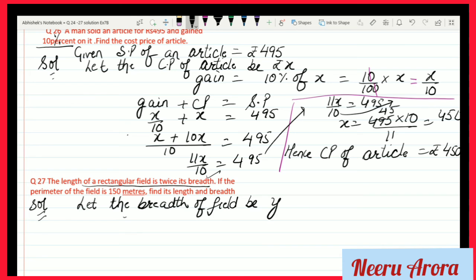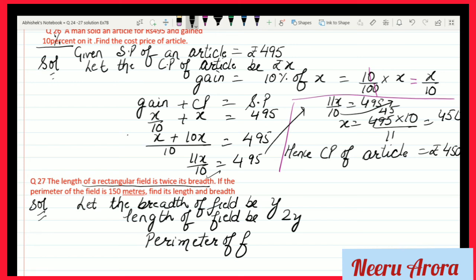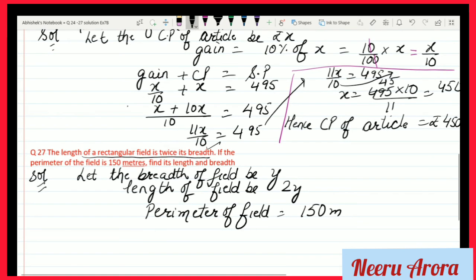And what about length? Length is twice the breadth. So the length of the field is 2y. And here it is given the perimeter of the field is equal to 150 meter.